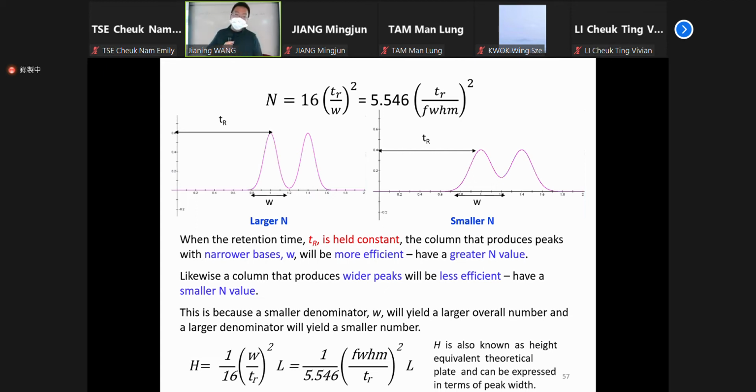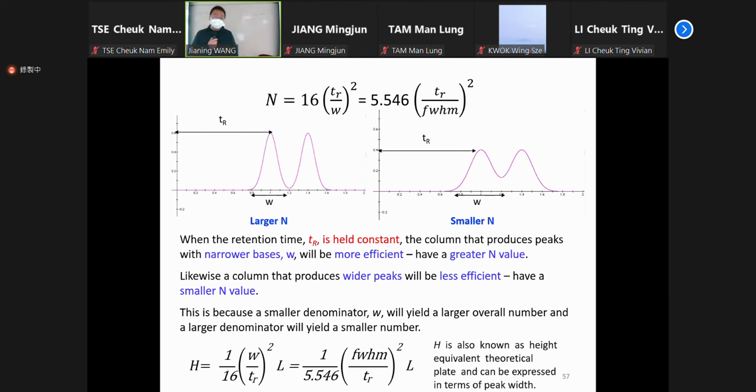If we have a larger n, it means we have better column efficiency. But when the retention time tR is held constant, peaks with a narrow base width will be more efficient, so they also have a larger n.